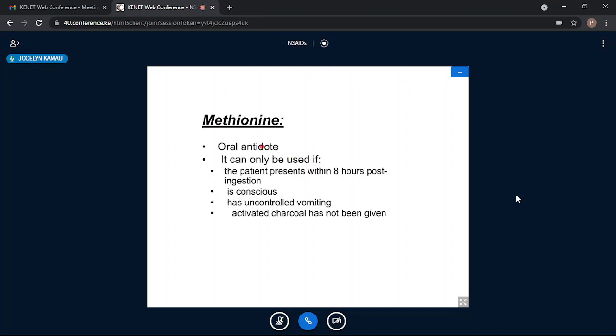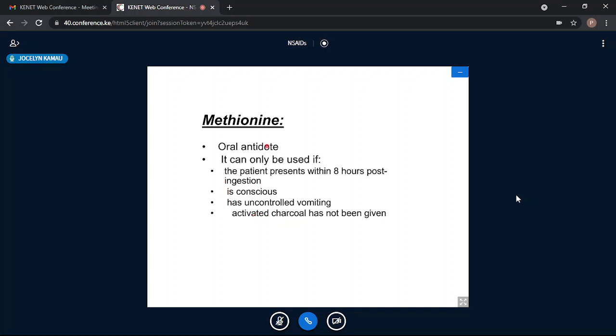Another one is methionine, which is also an oral antidote. It can only be used if the patient presents within 8 hours post ingestion, is conscious, does not have uncontrolled vomiting, and if activated charcoal has not been given.